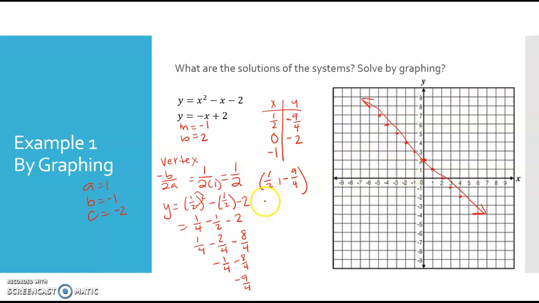If I choose -1 as my x value, then I just plug it in.